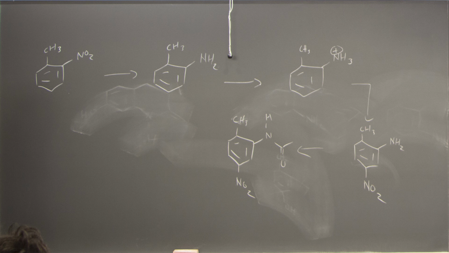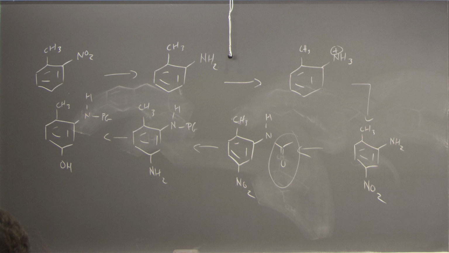I'm not sure that would survive what we're going to have to do to the nitro, because that's pretty harsh conditions. But you could probably use some different amide group, some different protecting group here, and you'll find something that will survive. All that's doing is just keeping the lone pair of the nitrogen from getting in our way when we try to do something else. That's all it is.